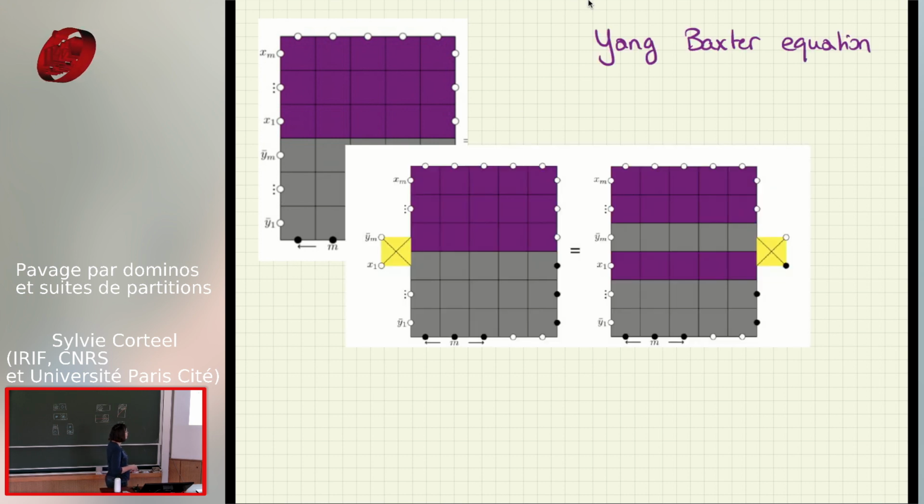Now, what I have behind this five-vertex model is the Yang-Baxter equation that I can use. Because I have the Yang-Baxter equation, I can put a little cross here and make it travel to the right. And the Yang-Baxter equation tells me that the partition function of my model on the left is equal to the partition function of my model on the right.